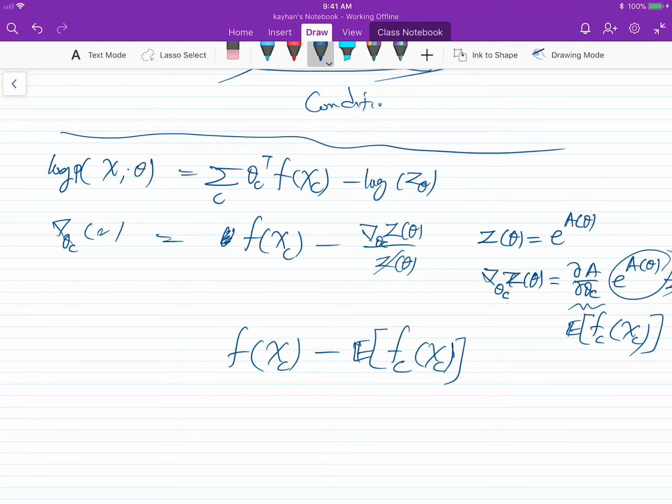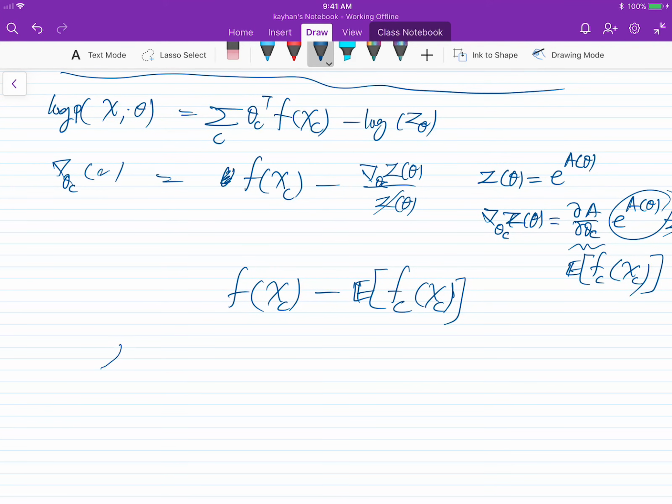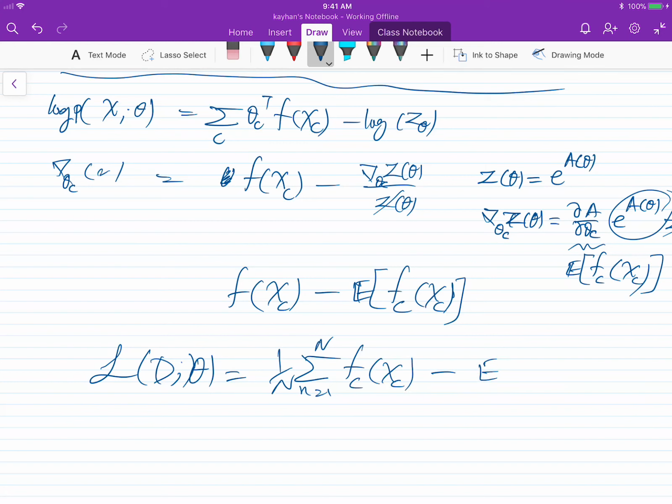talk today. So if I want to compute the likelihood over all of the data, what I'm going to get is the empirical minus the f_c marginals, right? So hopefully you see that this term is easy. We just have your function, evaluate it, sum them up, you're good.